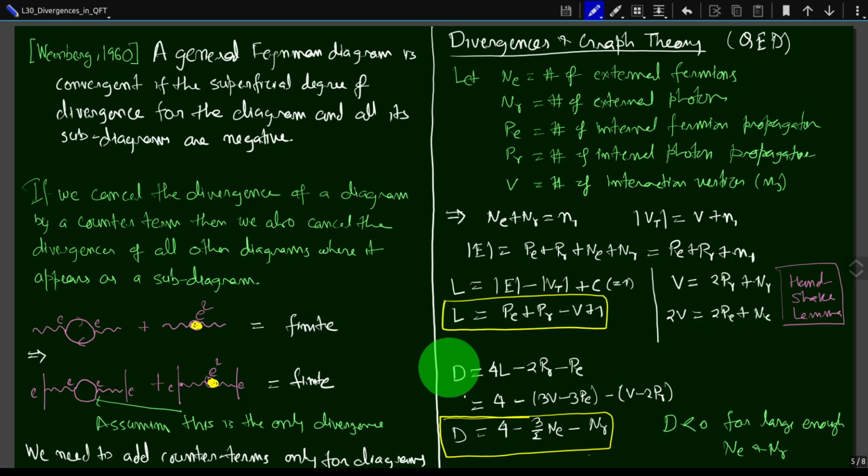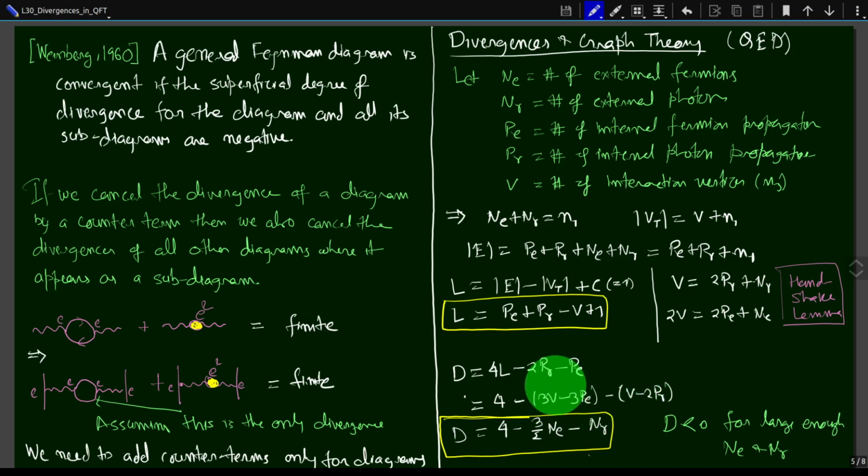Now if I look at the expression for D, which is 4L minus 2P gamma minus PE, that's the degree of divergence we computed earlier. Here I just put this value of L, and then I suggestively include this factor of 4V that will come. So 3 I'll put with the fermions because the minus 3V is coming. So here I'll get 4 minus 3V minus 3PE minus of V minus 2P gamma.